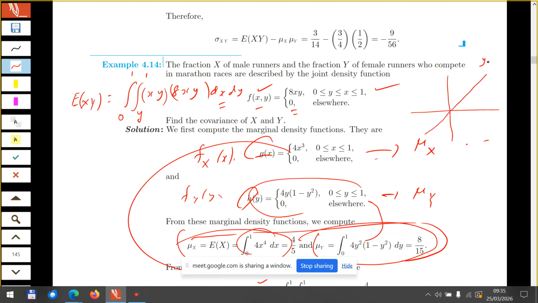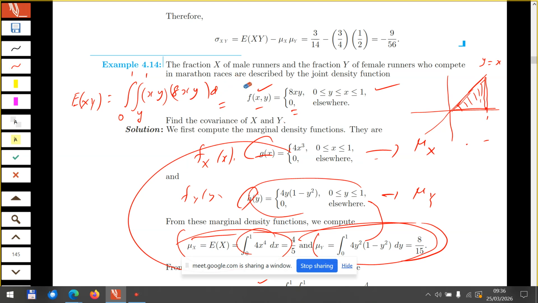And then y is from 0 to x, so it is this region, right? And then x is from 0 to 1, so it will be this region, right? So x is between 0 and 1, and y is between 0 and x.